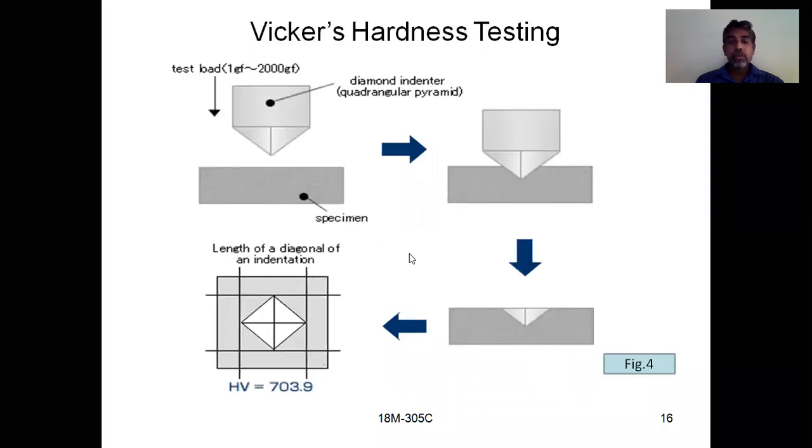So what will happen in the Vickers hardness test? Here, this is your specimen and this is your diamond pyramid indenter, a quadrangular pyramid with an angle of 136 degrees between the opposite faces.